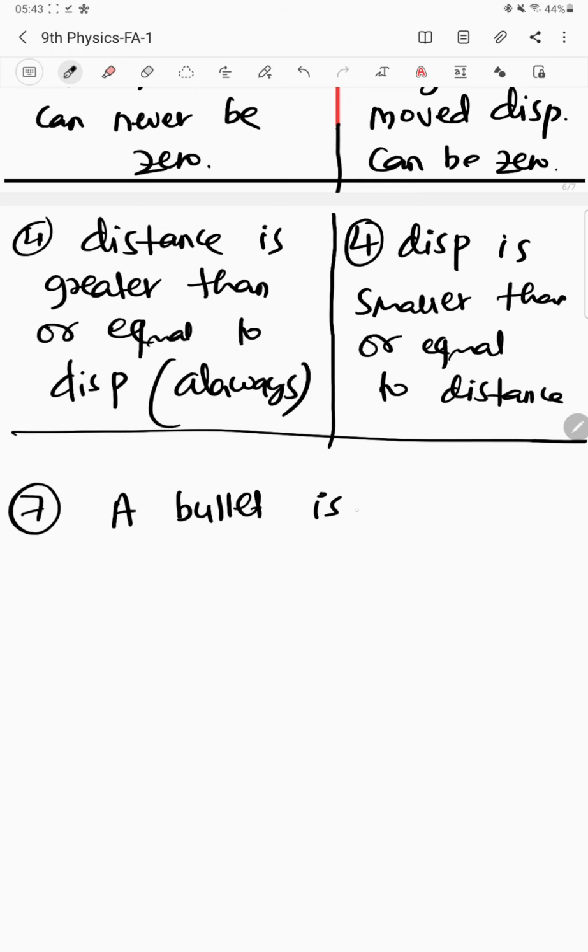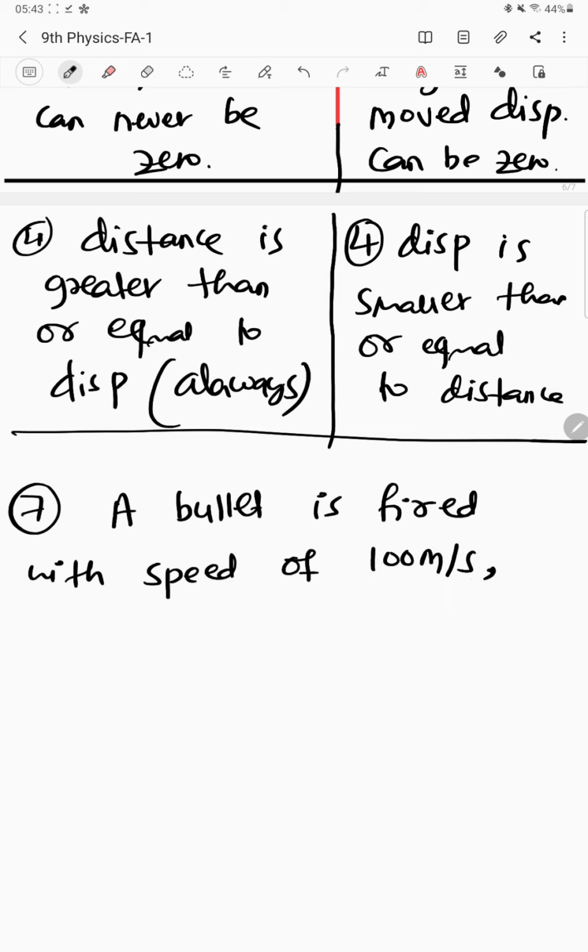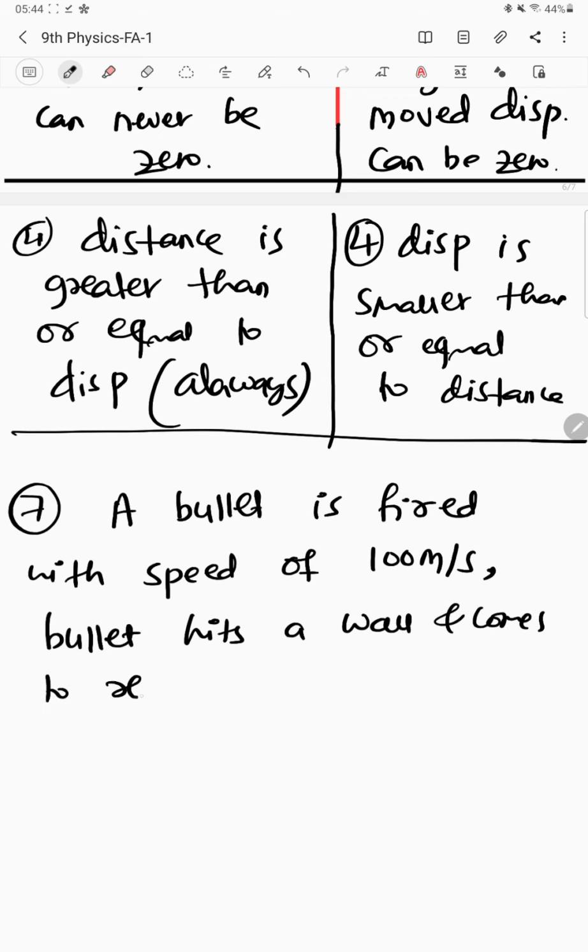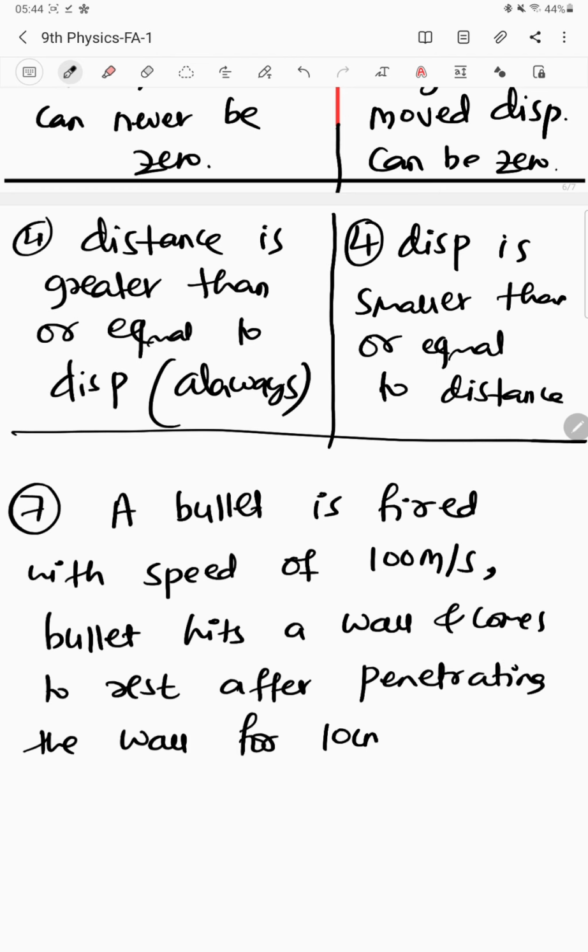A bullet is fired with the speed of 100 meter per second. That means initial velocity is 100 meter per second. The bullet hits a wall and comes to rest after penetrating the wall for 10 centimeter.